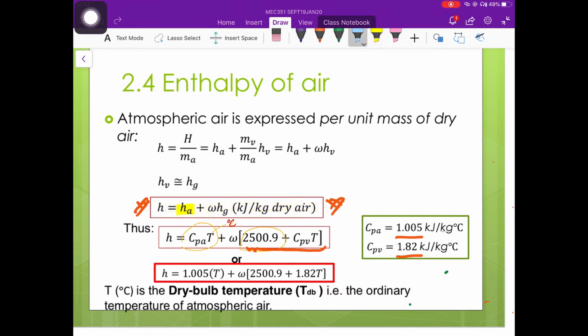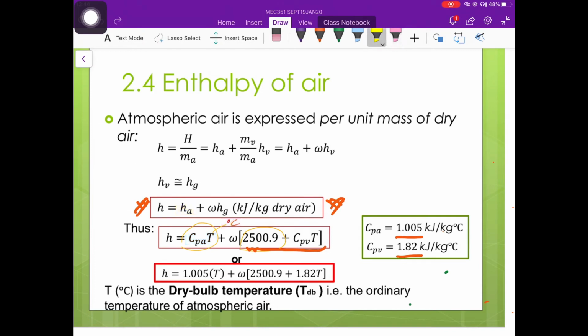From MEC351, we know that to find the value of enthalpy for dry air, we are going to use the equation Cp times T. Cp will be the specific heat for the dry air times the temperature, and for MEC351, the temperature used to find the enthalpy will be in the unit of degrees Celsius.